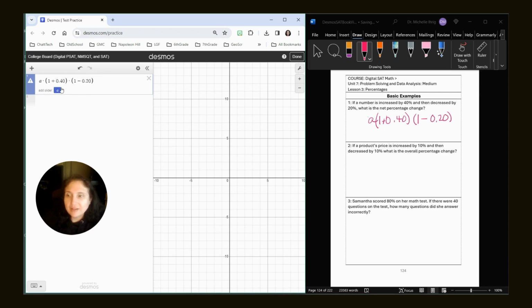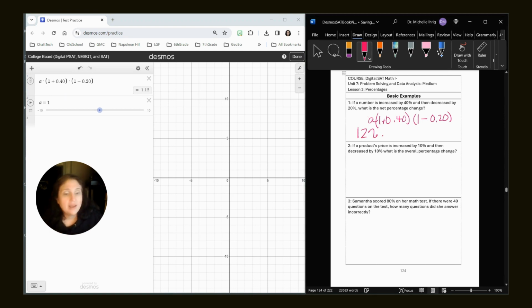And yes, we want a slider tool. So the answer is 1.12. So the net percent change is 12% in the positive direction. Basically we'll say a 12% increase.